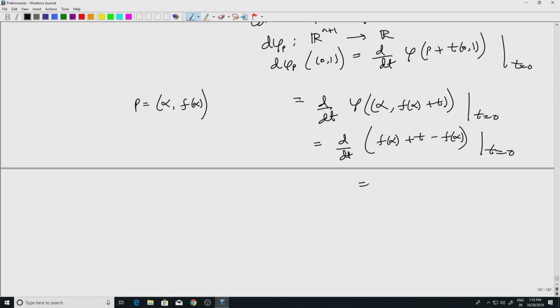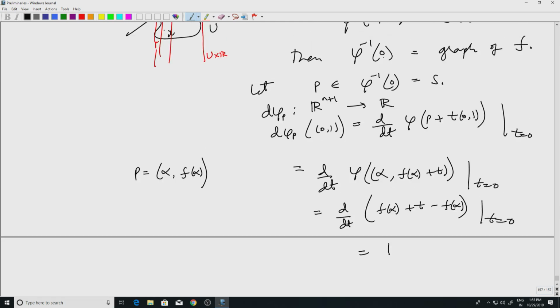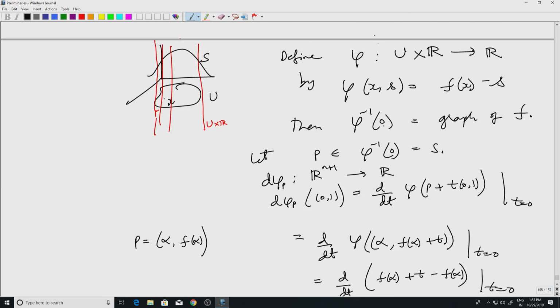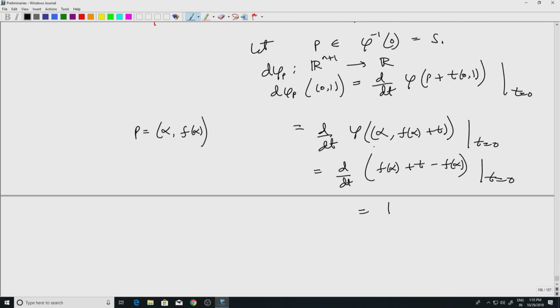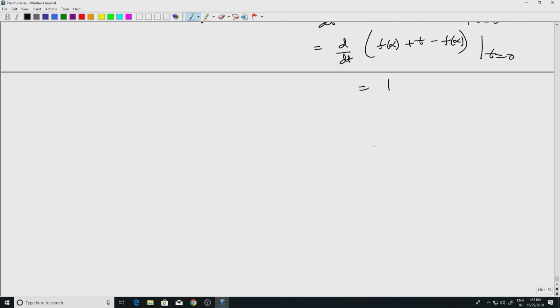So I'm just left with the derivative of t, which is 1. So we immediately see that 0 is a regular value of this function phi, and the graph is a level set corresponding to this regular value. Therefore the graph is a submanifold.